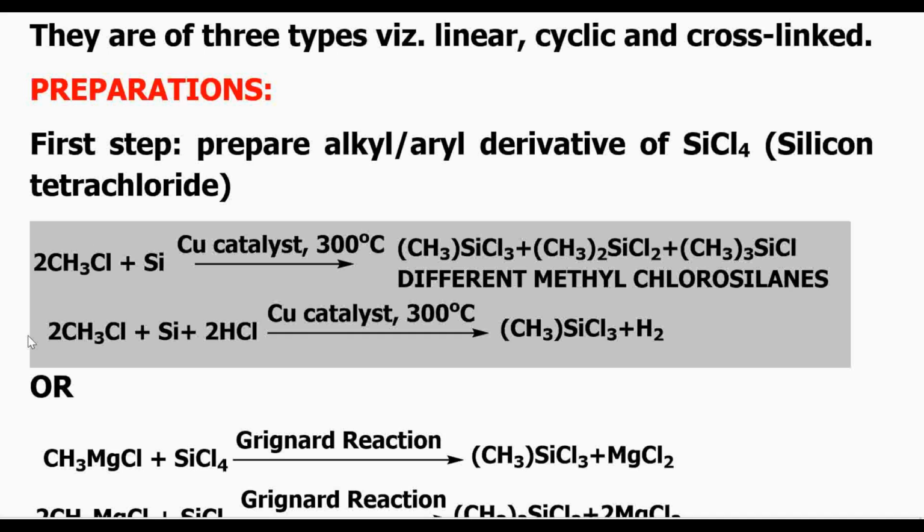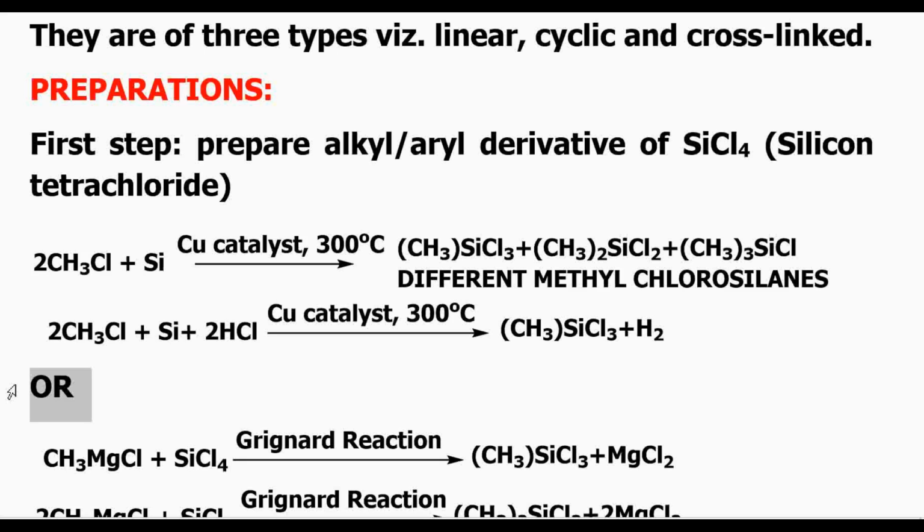Another way of obtaining only one product is, take 2 moles of methyl chloride, silicon, and 2 moles of HCl, and again copper catalyst, 300 degrees Celsius is the temperature. You will get only one product, that is methyl silicon chloride, along with H2 gas.